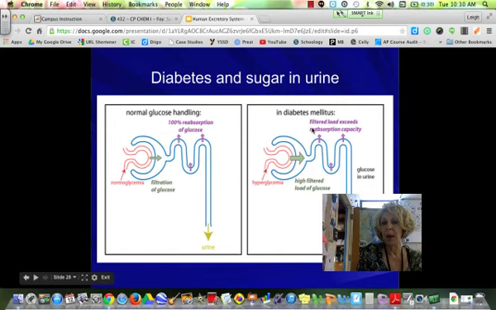But somebody who has diabetes has a blood glucose level that is too high, hyperglycemic, because they don't have enough insulin to be able to transfer that glucose into the cells. And so too much glucose comes through here, and there's just too much glucose to be reabsorbed. And so we end up getting glucose in the urine, which is one of the major symptoms of diabetes.